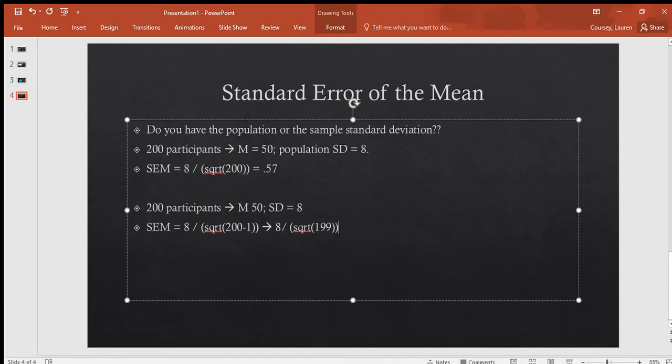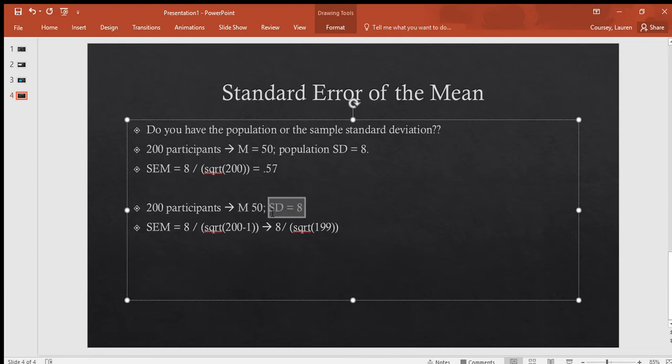Now, I know it seems like these statisticians are just trying to trick you. The idea behind subtracting 1 from the N is that we are using the sample data to estimate two different things.